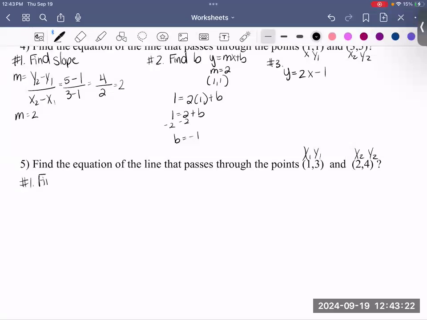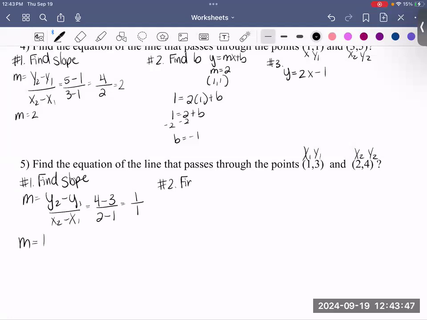Number 1, find slope. Get 1 over 1. So m is equal to 1 here. Step 2, find b.